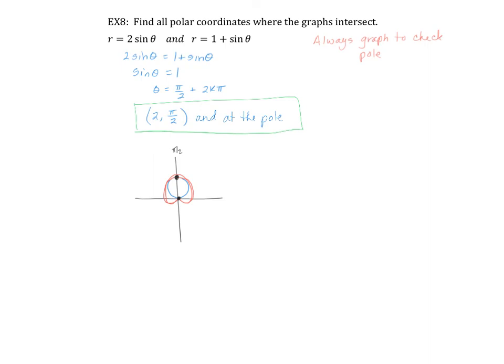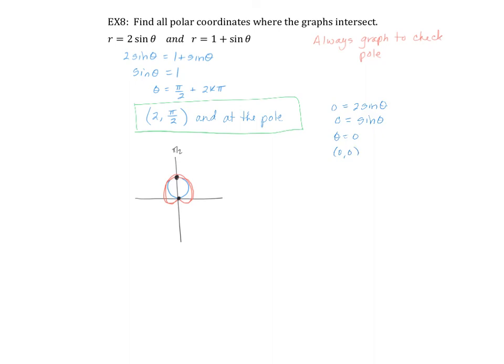So the points would be, if you look at r equal to 2 sine theta, and you put in 0 for r, then you just have to figure out where sine of theta is equal to 0. And that first happens when theta is equal to 0. So with the first equation, it's going to pass through the pole at the point 0, 0. Remember, this is in polar.